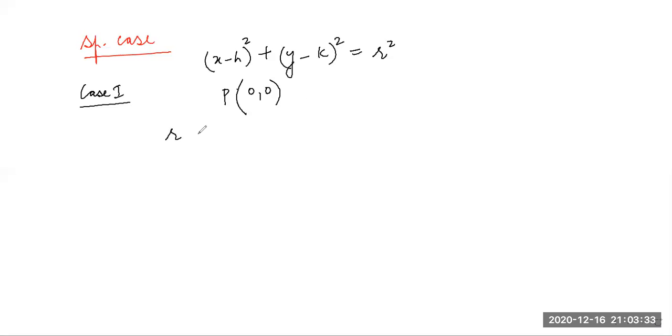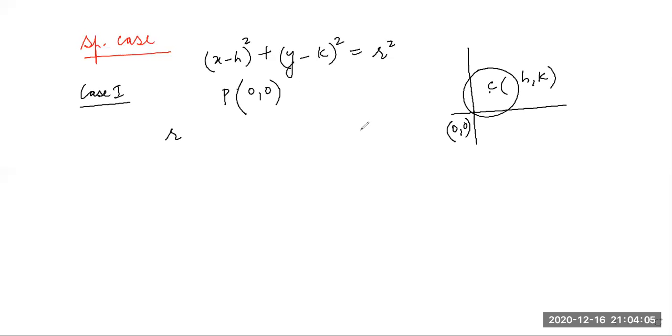This is a circle, students. Let's say the circle is passing through this point, so I can draw it like this. This is (0, 0), right? And let's say the center is C. C is always taken as (h, k).